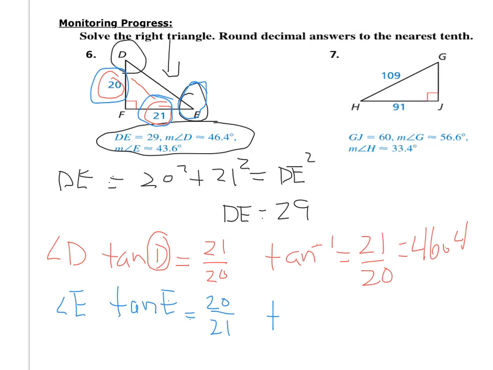So they did the negative tangent inverse of 20 over 21. When they did that in the calculator, they ended up getting 43.6 degrees.